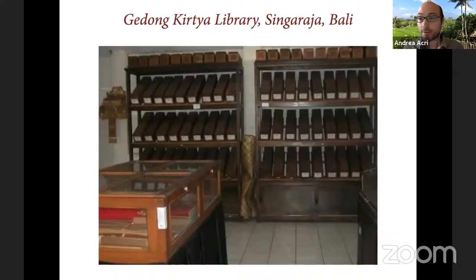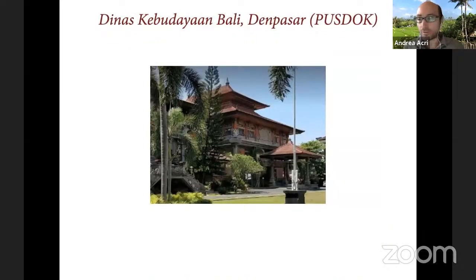This is the Gedung Kirtia Library, a state-owned library, the earliest, established already by the Dutch in the early 20th century, where several hundreds of these manuscripts are preserved. And also another recent institution in Denpasar, the capital of Bali, which hosts a couple of thousands of manuscripts on palm leaves.